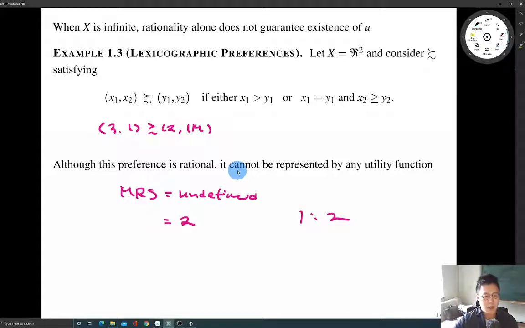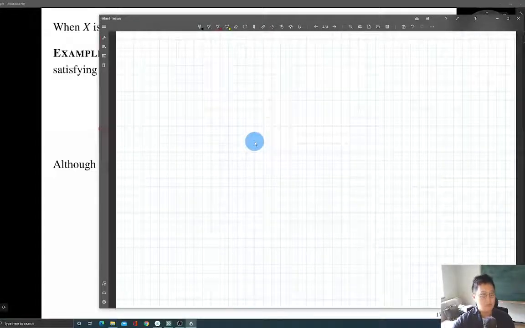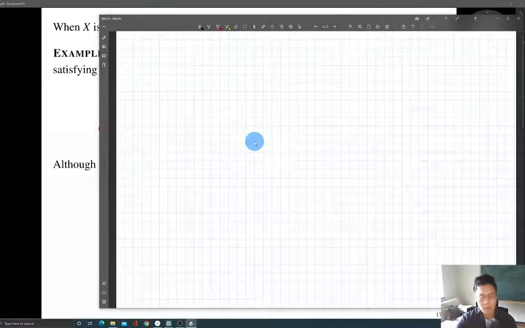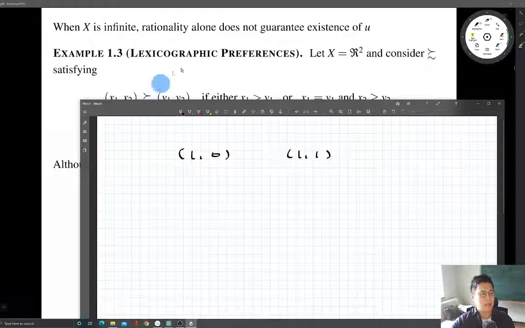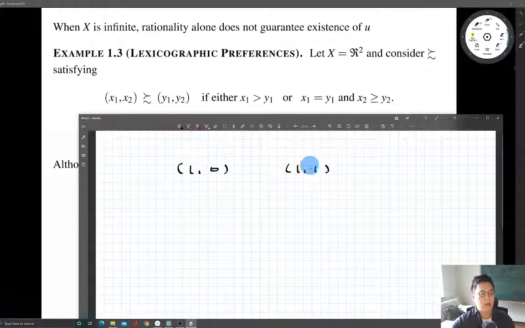The way to prove this is a little bit technical, but might be intuitive. Let me prove this. Just compare these two bundles, (1,0) and (1,1). By the definition of lexicographic preference, (1,1) is better than (1,0). Suppose that we have a function u representing this preference.